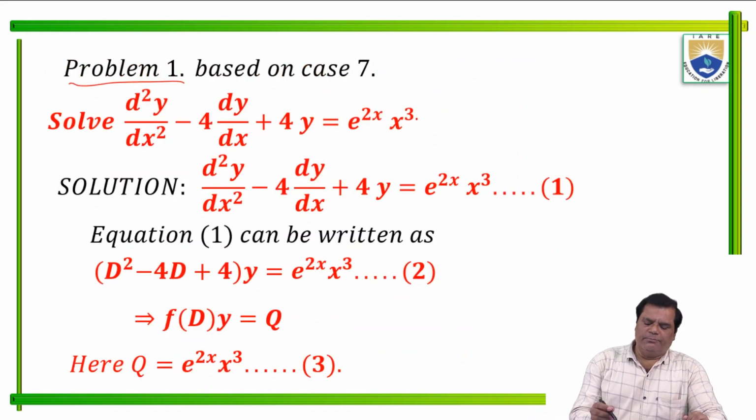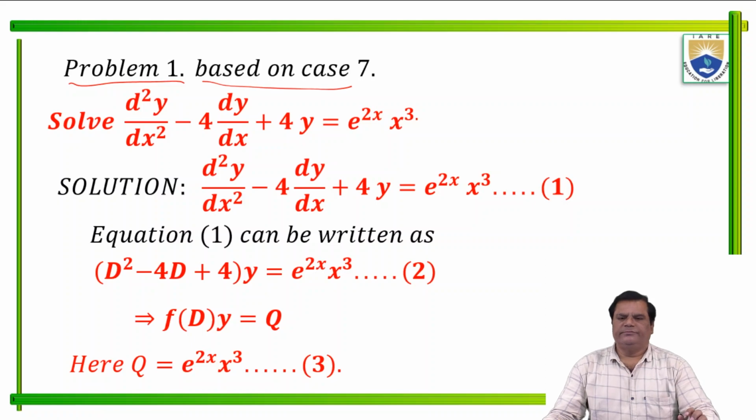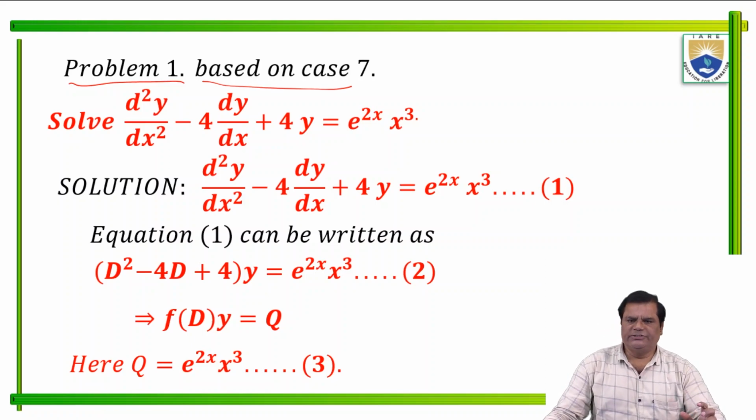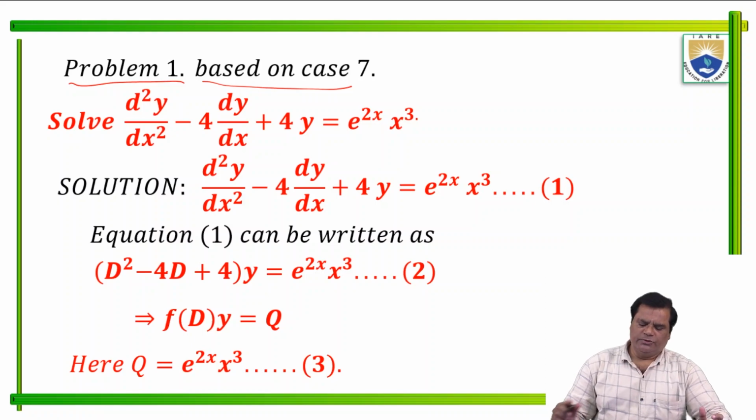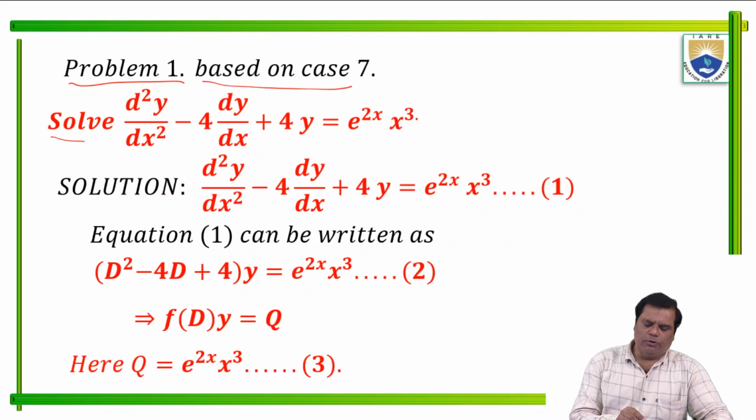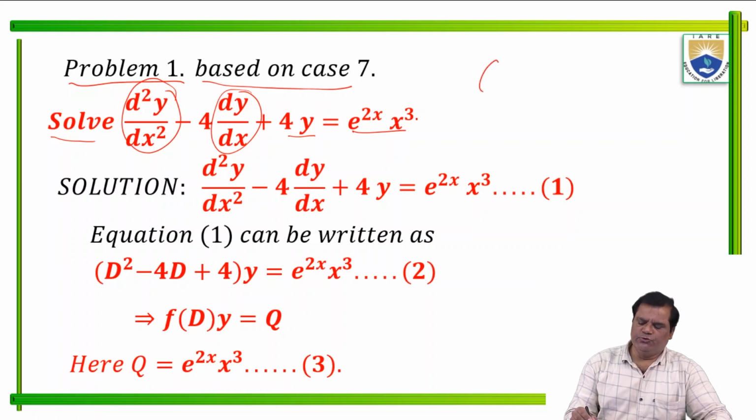Now, problem 1 based on case 7. Here I want to solve a problem based on case 7. So what is the problem? Solve d2y by dx2 minus 4 dy by dx plus 4y equals Q. What is Q here?